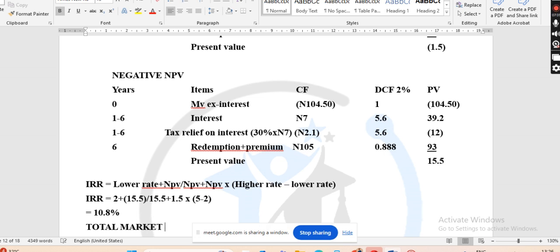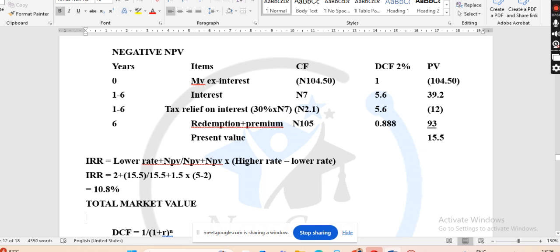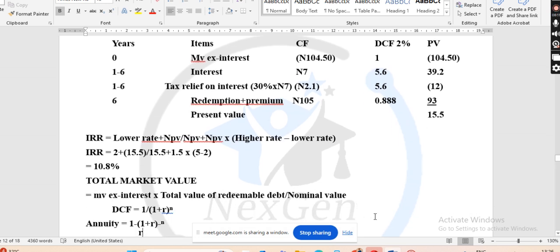Total market value, right? Now the total market value is calculated as the market value of interest, because it's per bond, per 1, times total value of redeemable debt divided by the nominal value, class.